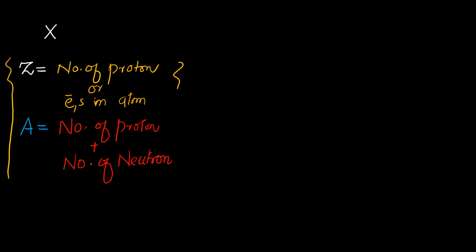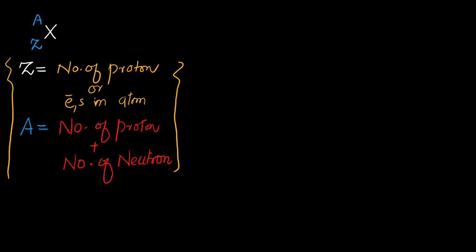Every element in the periodic table is represented on the basis of atomic number and atomic weight. The atomic number is Z, and the atomic mass of an element is represented by A, and it is written above the element.